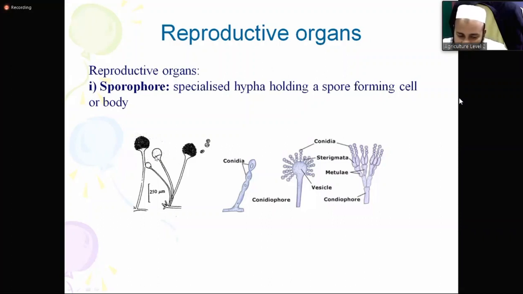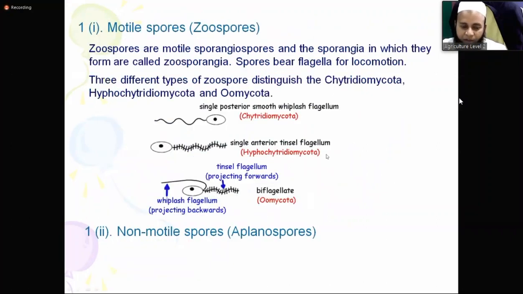So this sporangium contains zoospores. You understand? Zoospores are motile sporangiospores, and the sporangia in which they form are called zoosporangia. Zoo means they have motile spores.